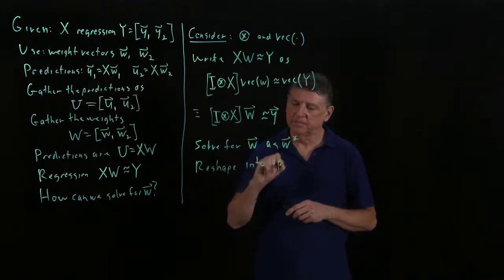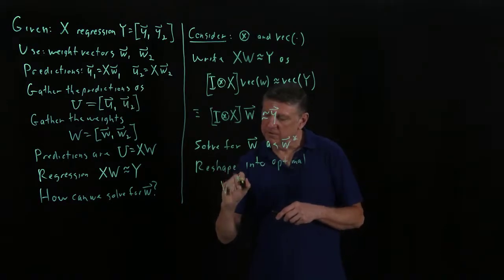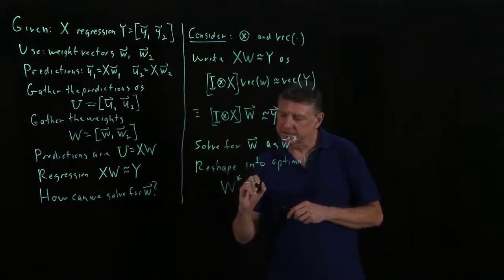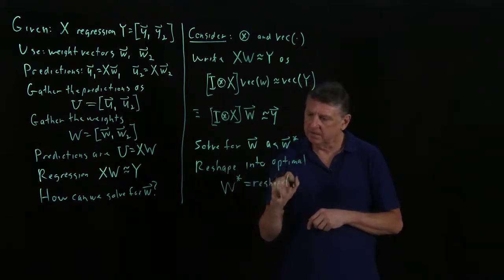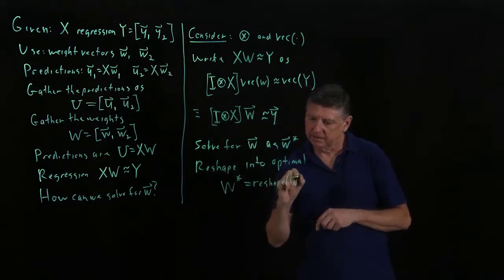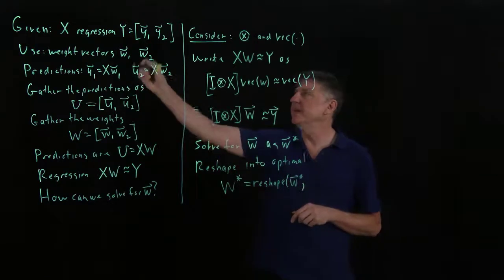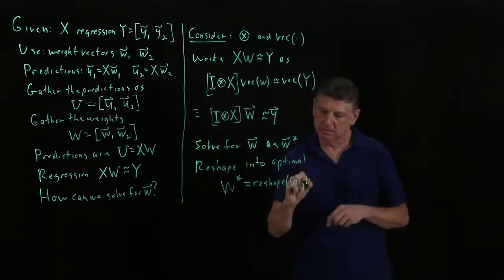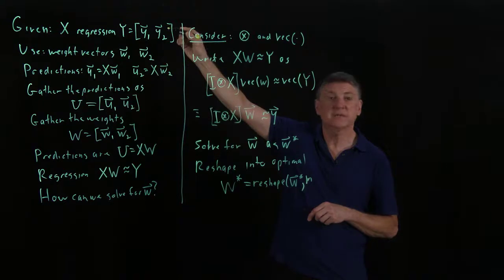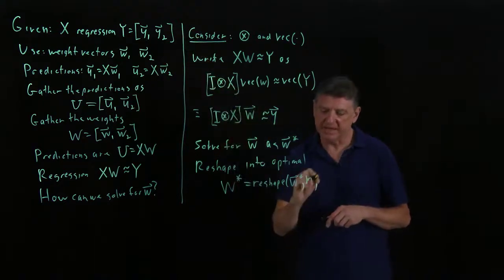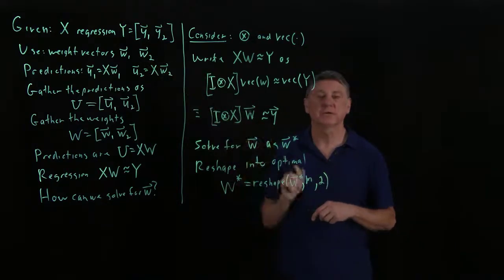into an optimal W star, which is the reshape of the computed weight vector, and this would then have m rows, because that's how many observations are in our design matrix and in our regression values, and it would have 2 columns because we're considering only 2.